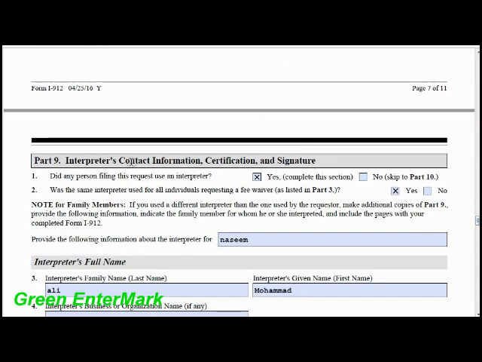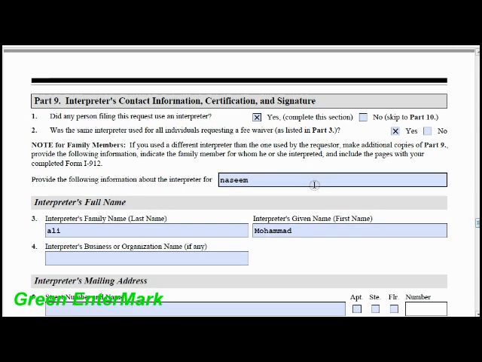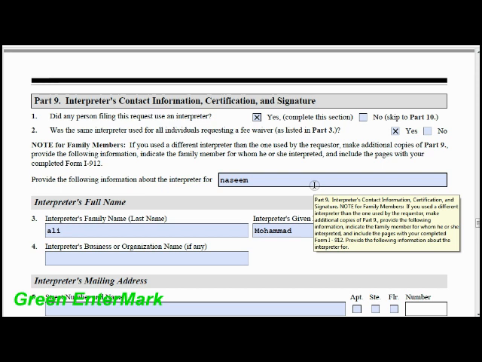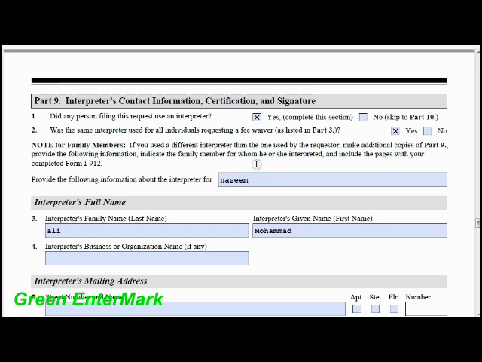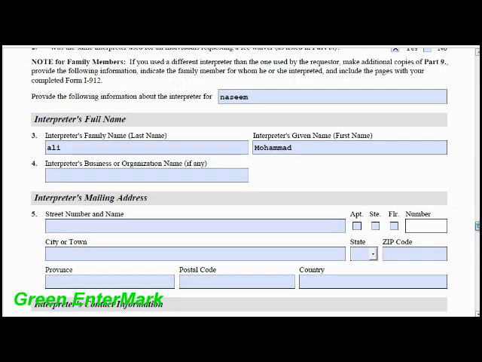Now part 9, interpreter contact information. In this part, the interpreter whose service you are getting has to mention his background, name, address, telephone number and email address.